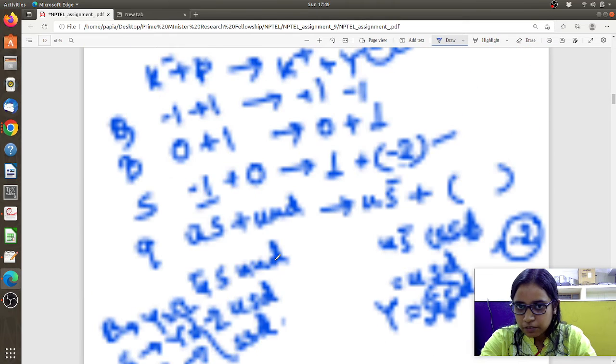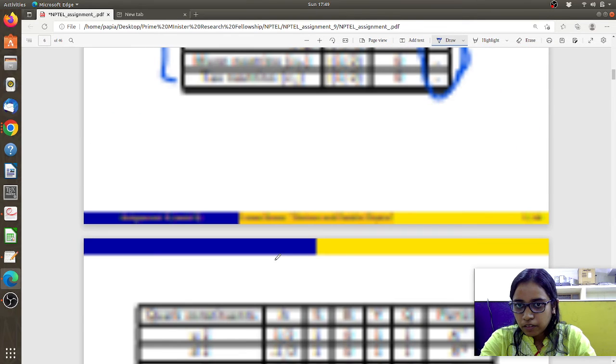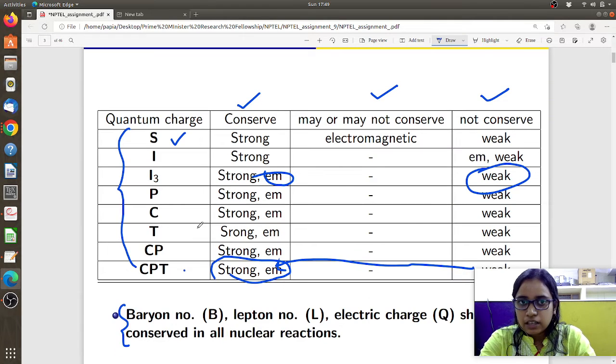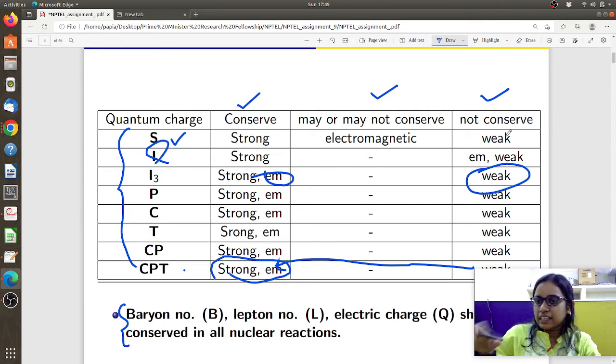I can show you that first table again. Yes, so see, here I was talking about isospin. Isospin is not conserved in EM as well as in weak. So obviously weak was cancelled for the first one. From the second one I can cancel EM also, because here in our expression I was conserved.